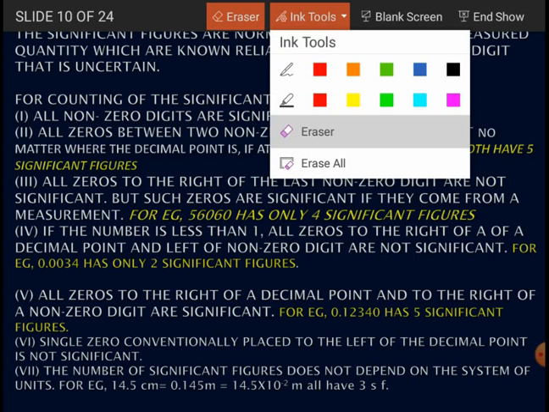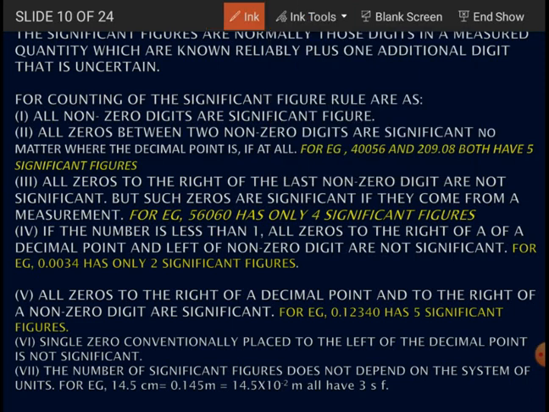Now next, let's go to another one. All zeros between two non-zero digits are significant, no matter where the decimal point is, if at all. That means all zeros which are between two non-zero digits. For example, you can see here 40056.